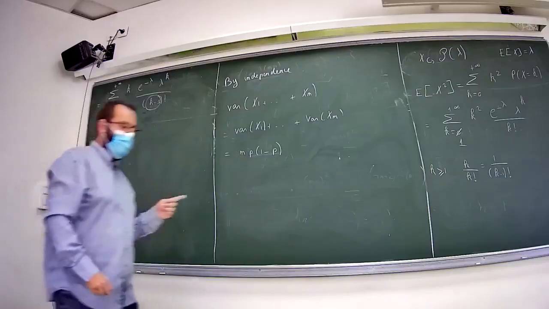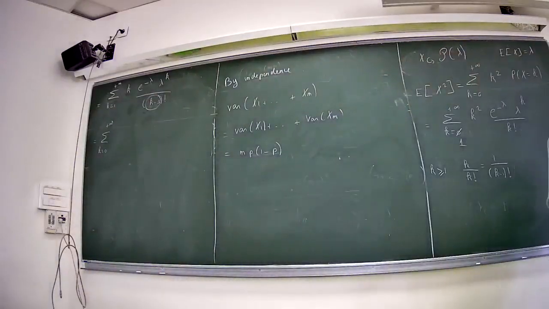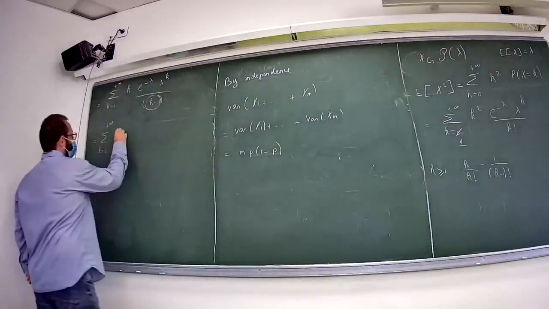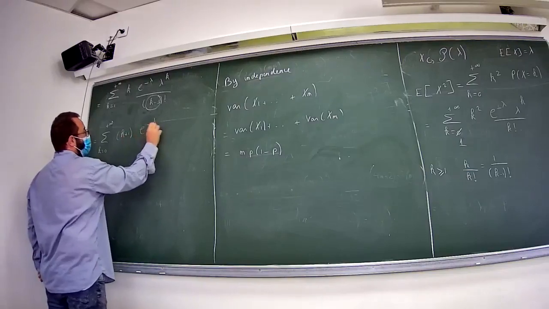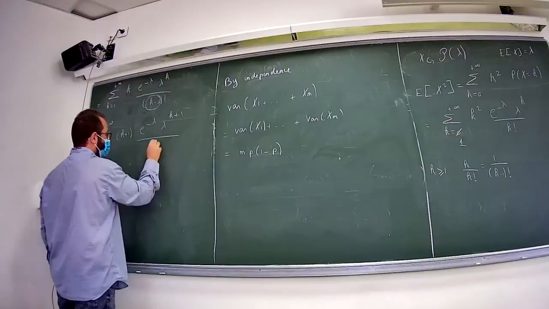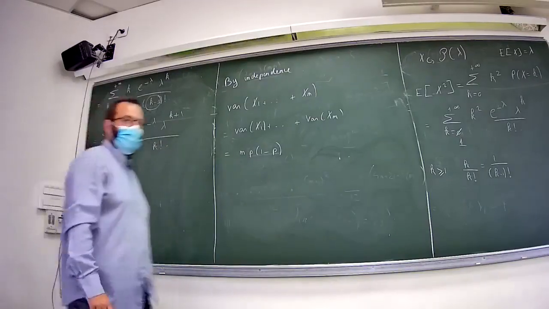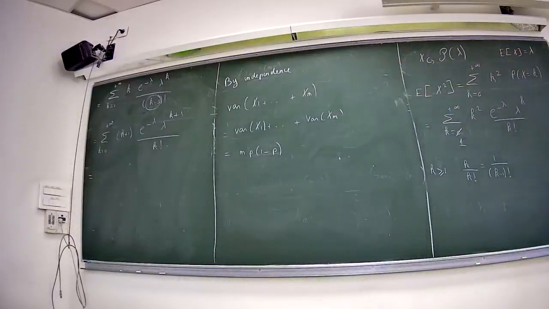So if k becomes k minus 1, k will become k plus 1. I have this one, and this one is simpler to handle. Why is it simpler?